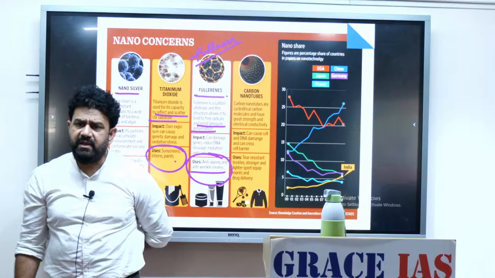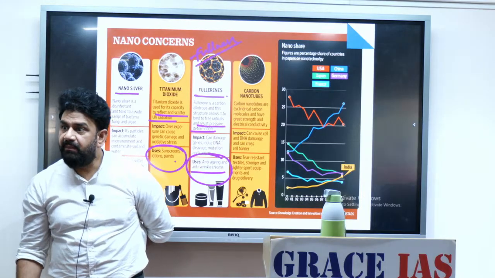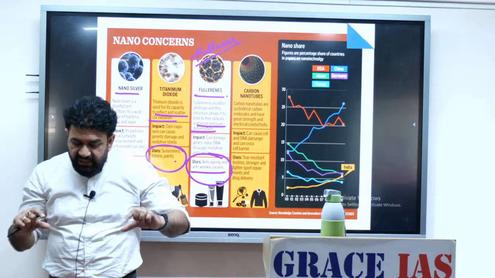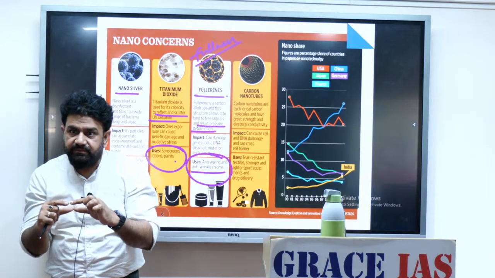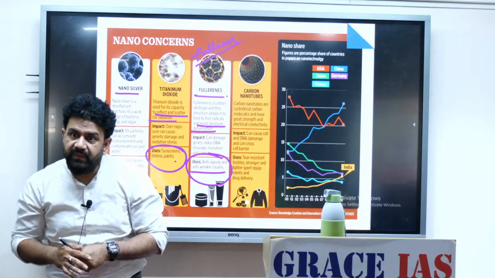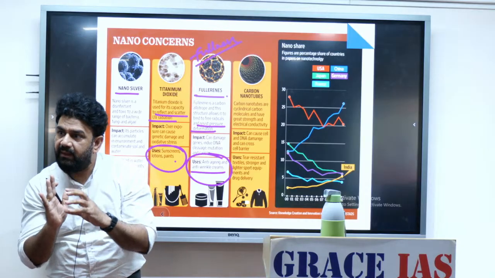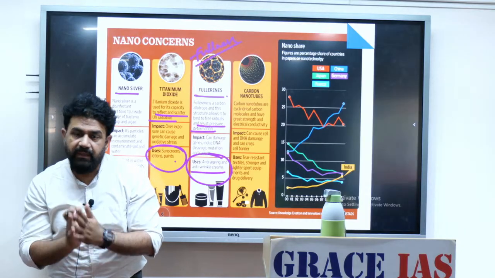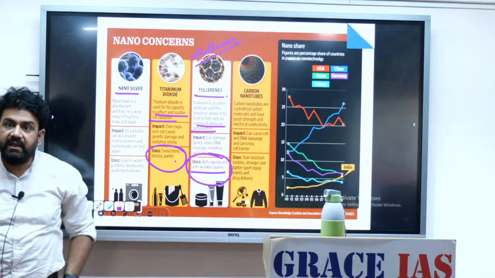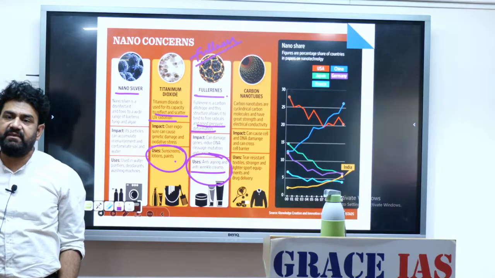Hence we put rods inside the bone, or outside the bone we put plate and screw, to support the two fractured fragments and help in healing. But instead you can use fullerenes, which can support the bone from inside without any side effect.